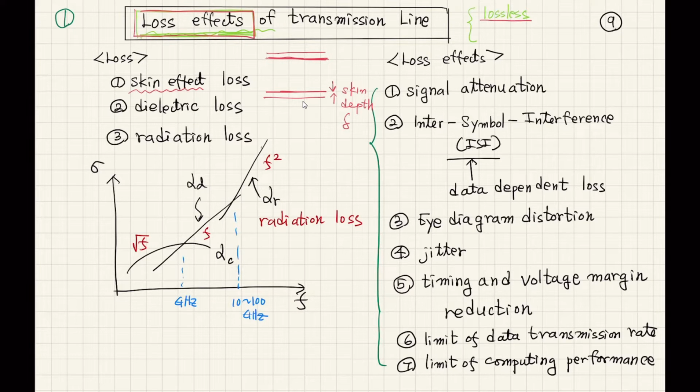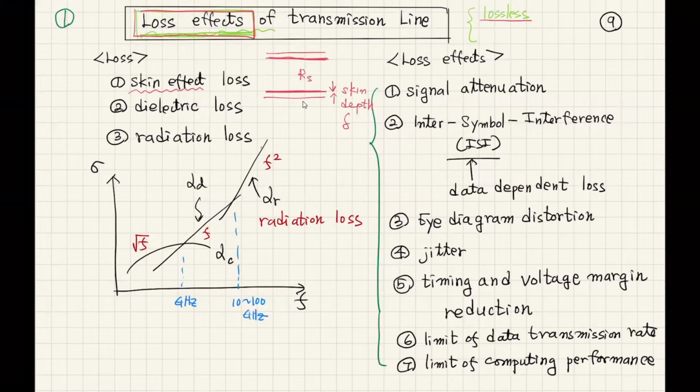So even though you are using very thick copper lines to make the transmission line, the current is conducted at the surface. Because of that, we have surface resistance.